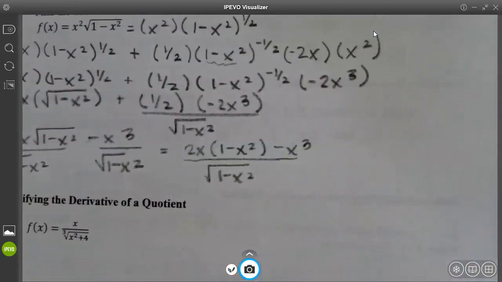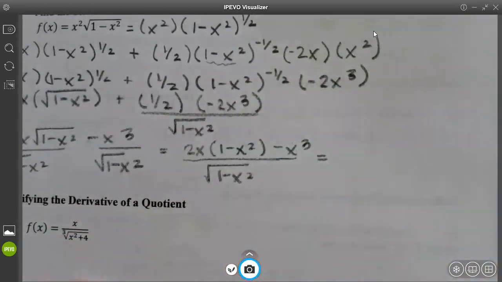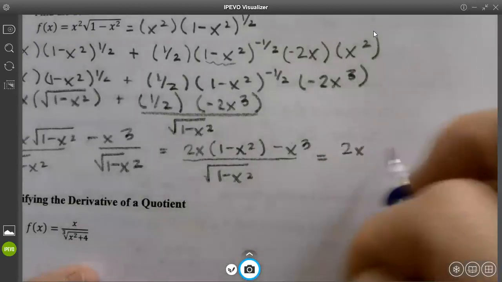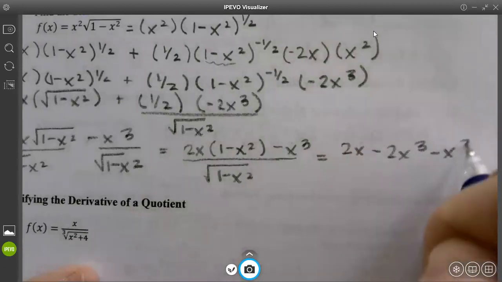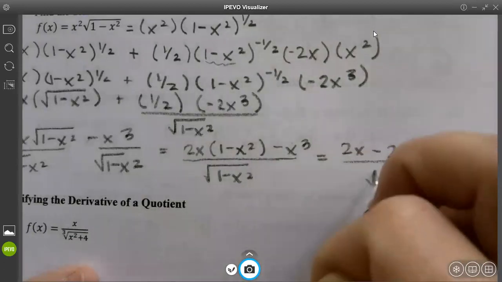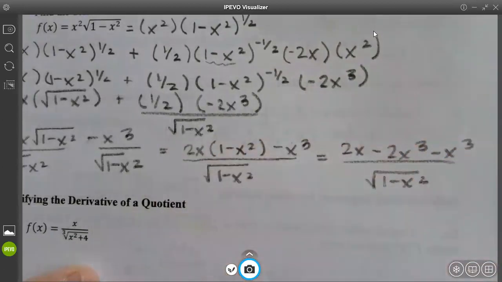Now what can I do? You're almost there. What can I do? Distribute. So 2x minus 2x cubed minus x cubed over 1 minus x squared.